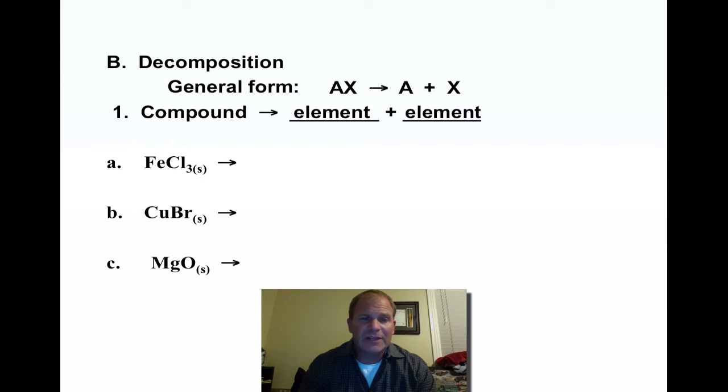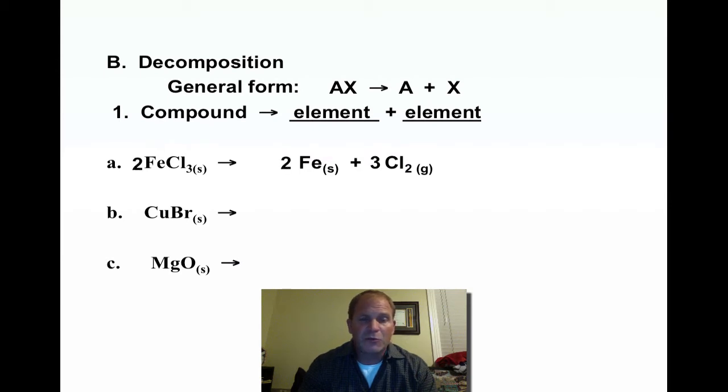In this one, you see a simple binary ionic compound. All you're going to do is separate out the cation and the anion, and when you separate the anion out, remember your diatomic elements. So my ferric chloride breaks down to iron plus chlorine, which is diatomic, Cl2, and then I just balance it.